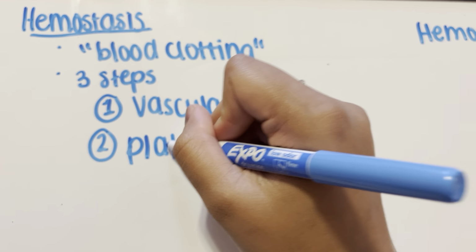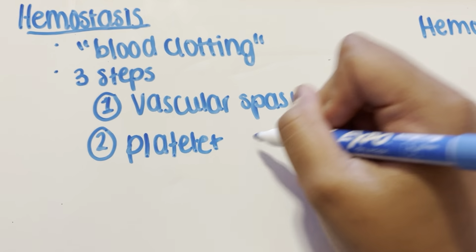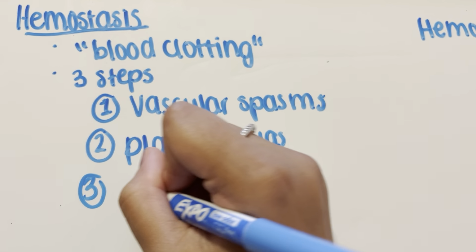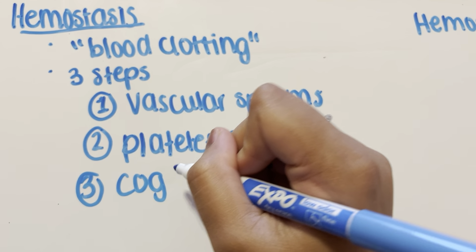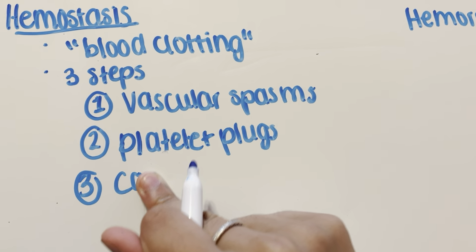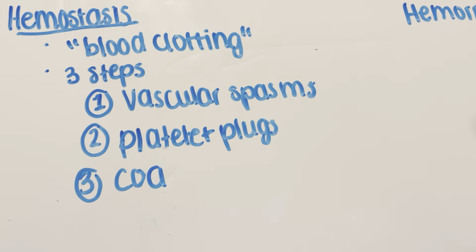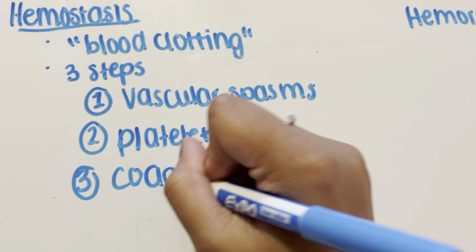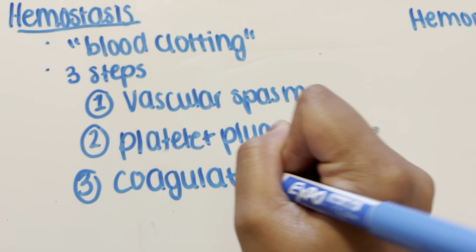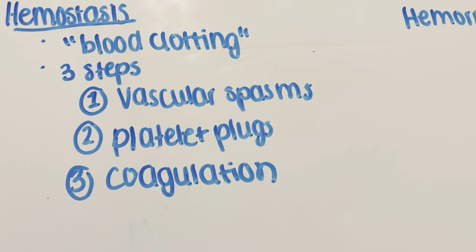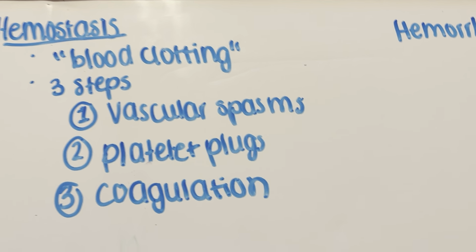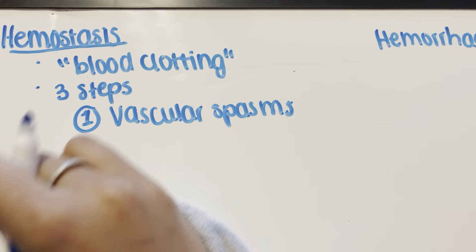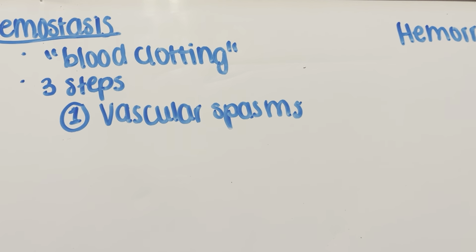Platelet plugs. And the third one is coagulation. So those are the 3 steps. So we'll focus on the first step right now. And the first step right now is vascular spasms.